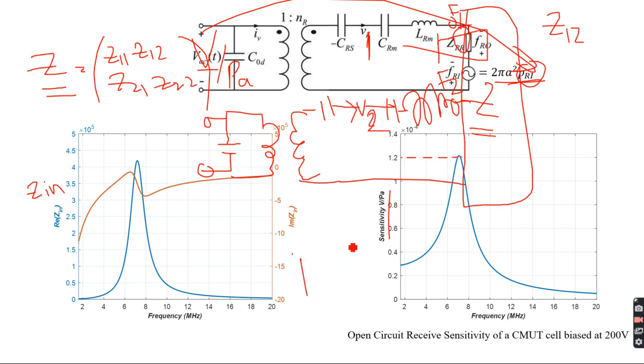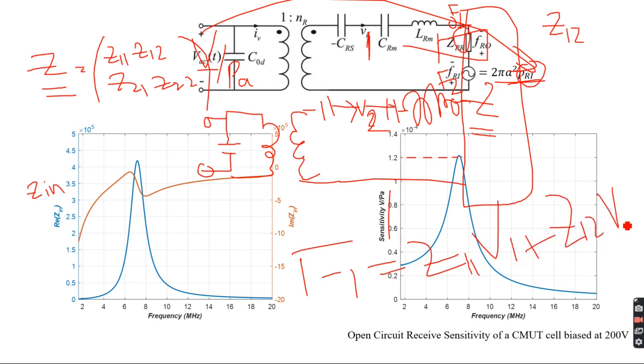So F1 is Z11 V1 plus Z12 V2, and that's how you include the effect of the second cell.